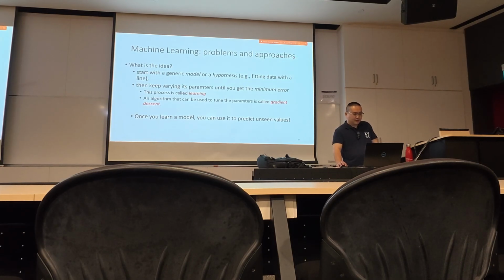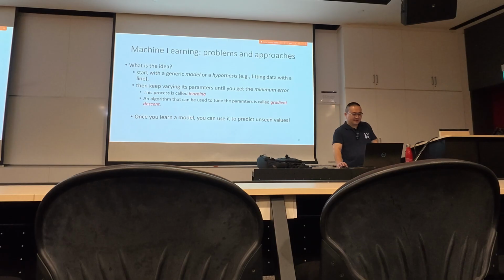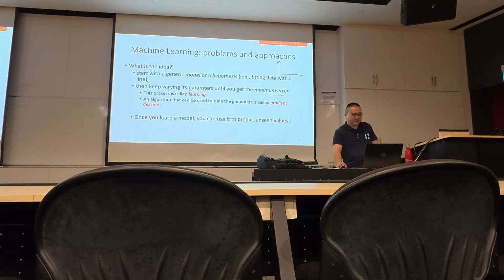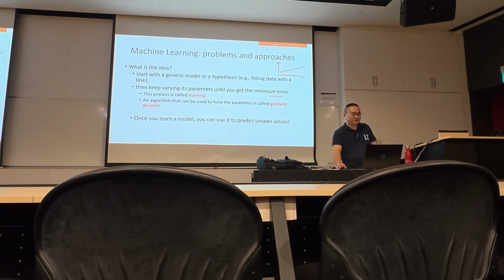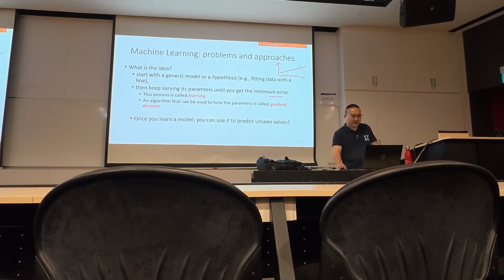And so what do you do to fit the line? You keep varying the parameters of the line, and here you get the minimum error. Let's go back to the previous example. You have a lot of data about the house prices. When you fit a line, you can calculate the errors made by the line, so whether the line is good or not good for the data. You can calculate how much error has been made by the line.